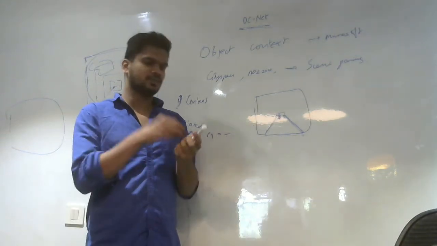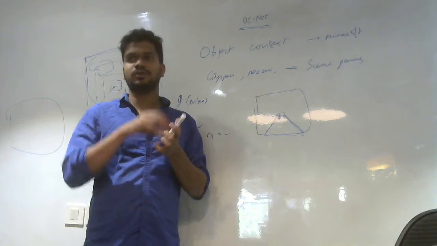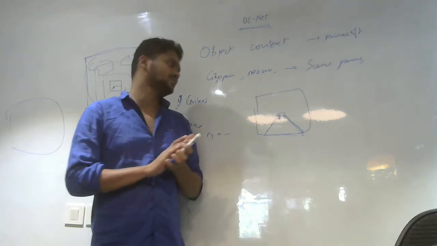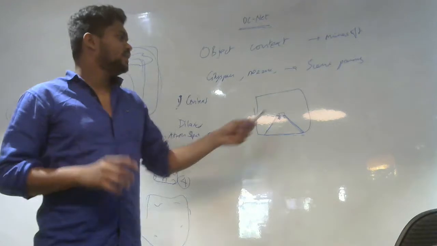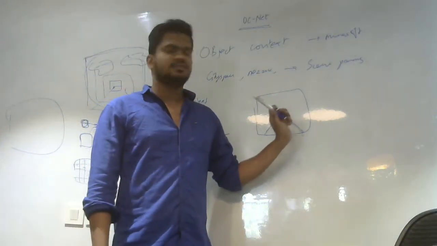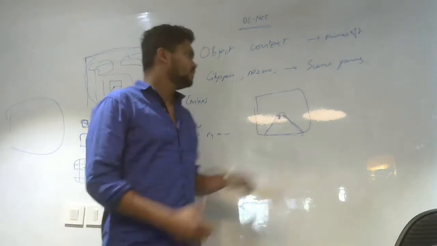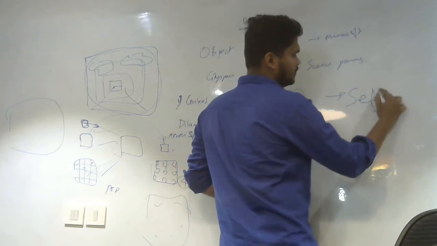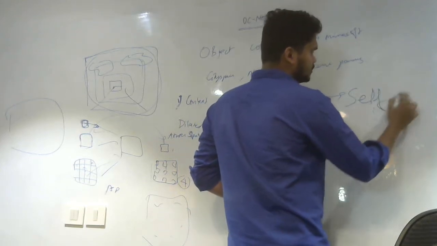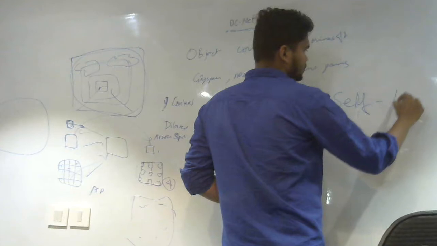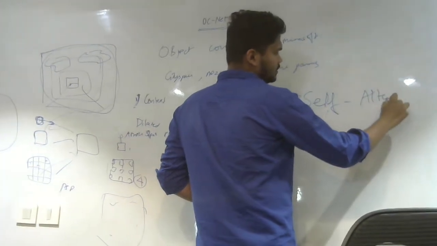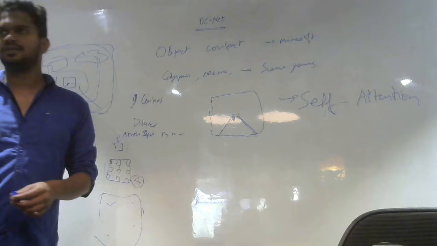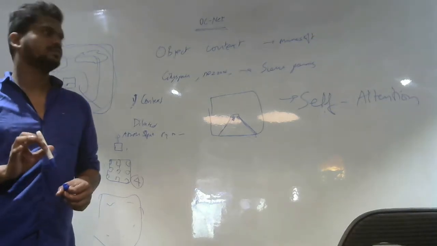So a pixel of a particular class will be represented by all the pixels of the same class. How they are achieving this is through self-attention. They have not done anything new. The only thing they have done is apply the self-attention method, which is popularly used in NLP, to computer vision.